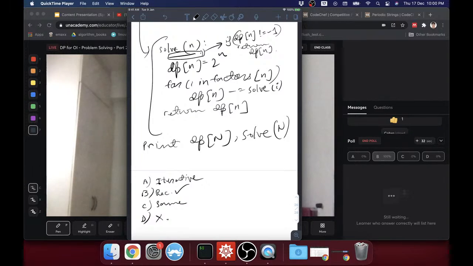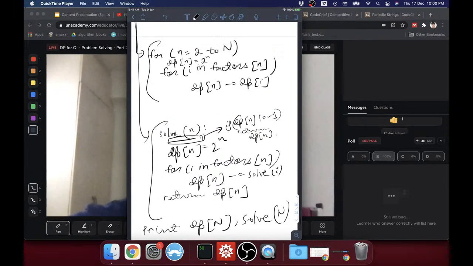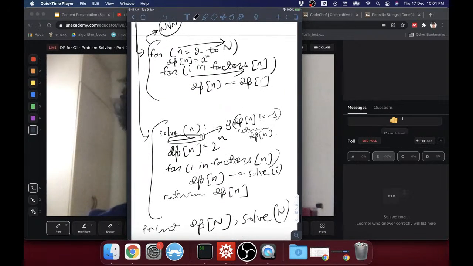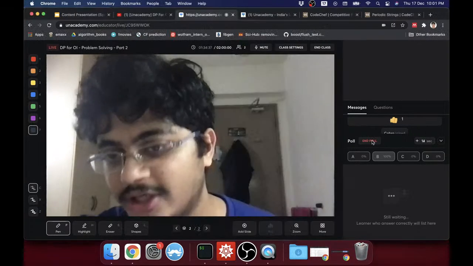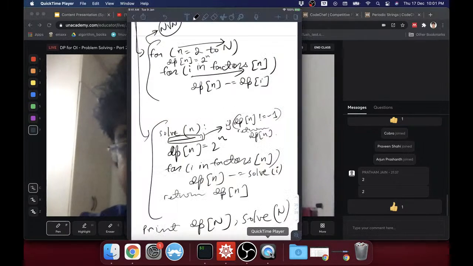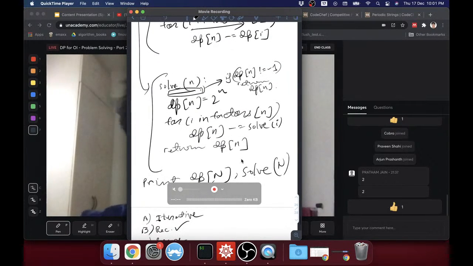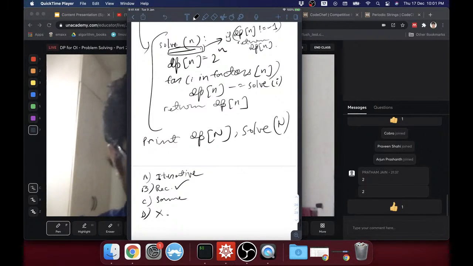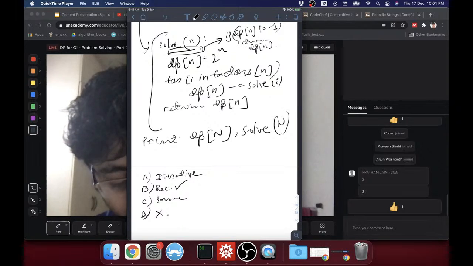That's good. Quite good. So why is it? Option A will actually run n root n in the worst case, because you'll go through each of these and you'll go through each of these. That's what happens in iterative. In iterative, you calculate all the things, including all the redundant things. Generally, DP done iteratively has this flaw. But when you do this recursively, the advantage is that when you're solving for n and you're recursing, you're solving for factors of n.